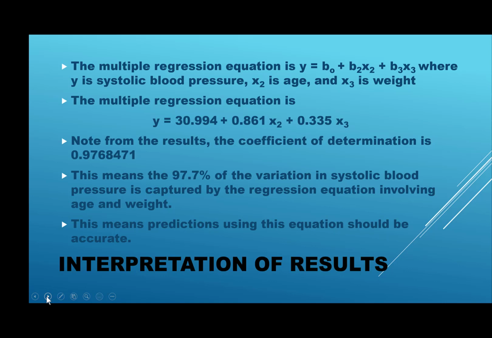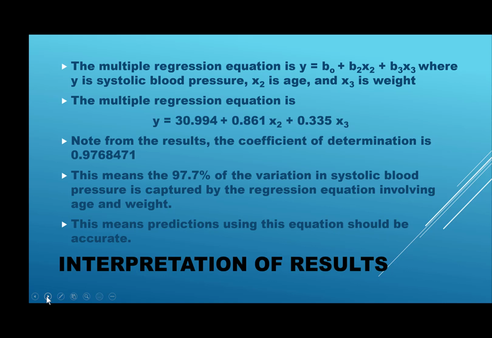All right, so we said we would take note of the coefficient of determination, and it's 0.9768471. This means that 97.7% of the variation in systolic blood pressure is captured by the regression equation involving age and weight. Now notice that this is a high percentage.